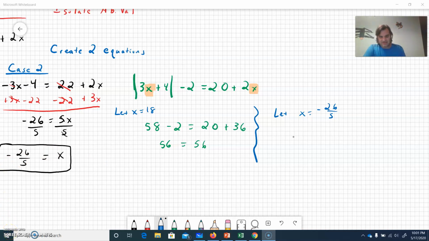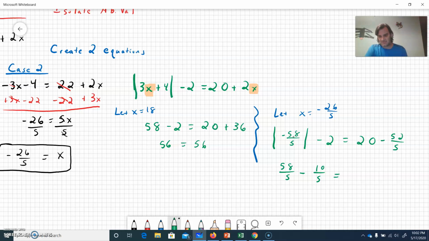So when I plug this in, negative 26 fifths, I get the absolute value of negative 58 over 5 minus 2 equals 20. And then when I multiply this, I'll have negative 52 over 5. Of course, the negative 58 over 5 will turn to a positive, so it'll be 58 over 5 minus 2, which I will change to 10 fifths.